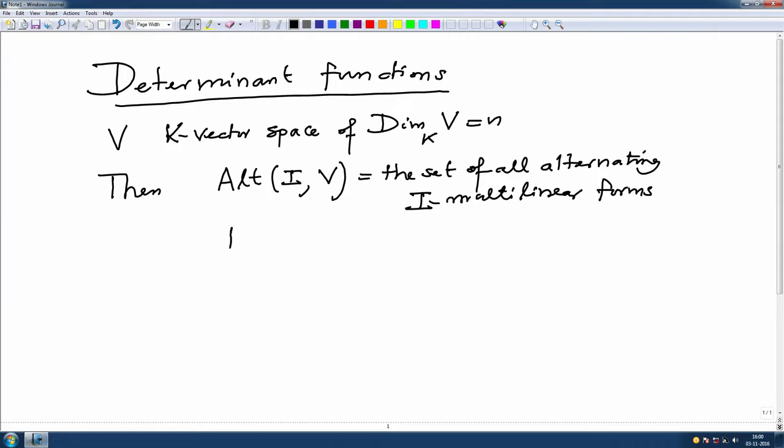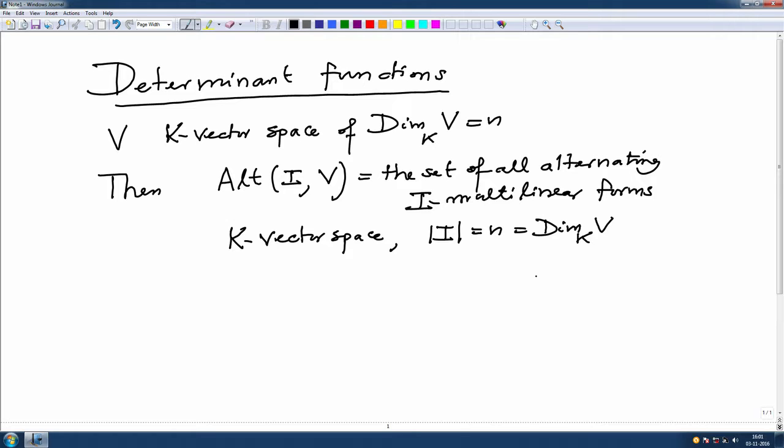This is a k vector space, and I am going to discuss only the case when the cardinality of I is also n, which is the dimension. Because we have seen in the last lecture that when the cardinality of I is more than the dimension, then 0 is the only alternating multilinear map on V. So, therefore, they are 0 vector spaces, and we do not need to study them.